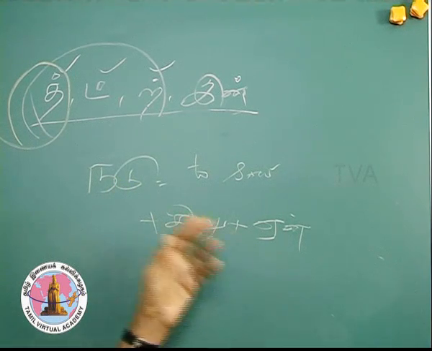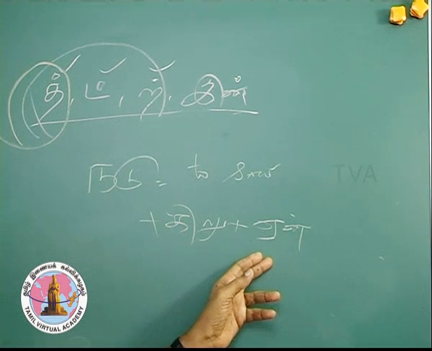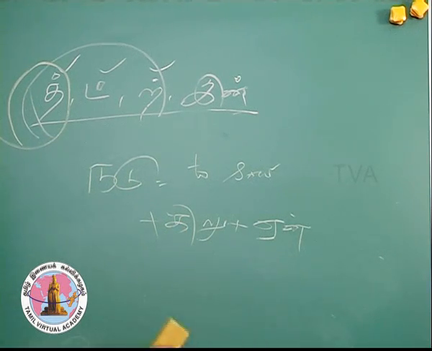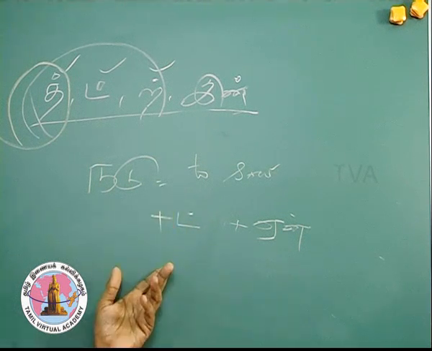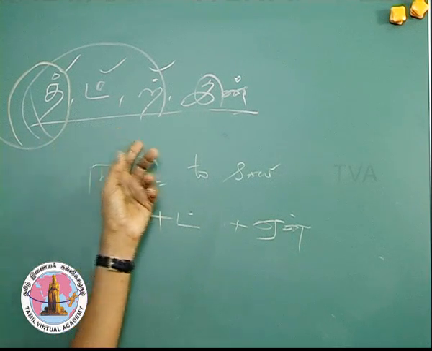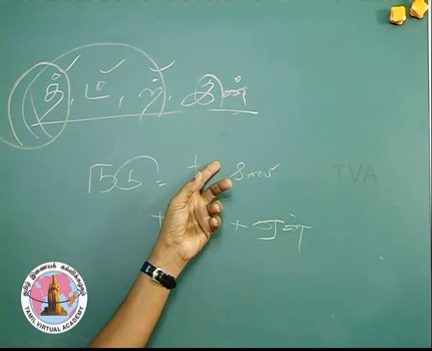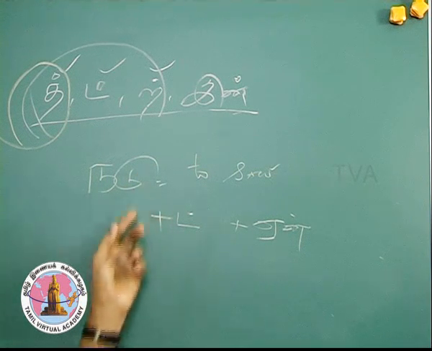"Nadugireen." I sow. Now the past tense markers are "it" and "in." So naturally you have to accept one of them.